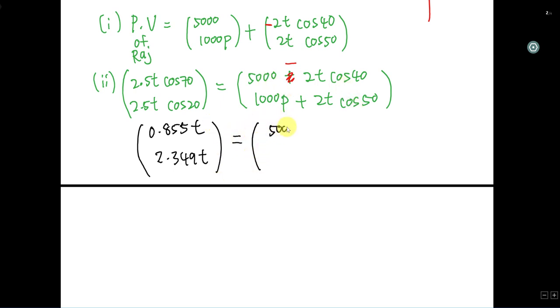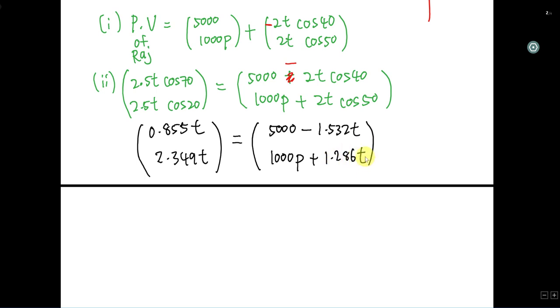This is 5000 minus 2t multiplied by cos 40, which is 1.532t. Then I will do the same thing for this: plus 2 multiplied by cos 50, which is 1.286t.